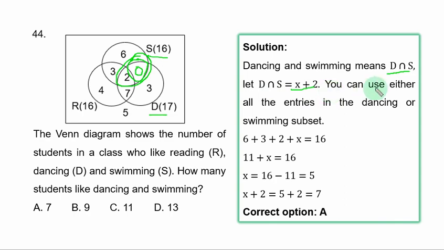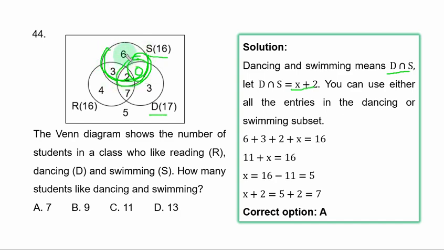You can use either all the entries in the dancing or swimming subset. In other words, you can come here, you add everything here, you add everything here. That is for swimming or dancing. But what we have here now is swimming is being used, so we are taking everything in swimming.